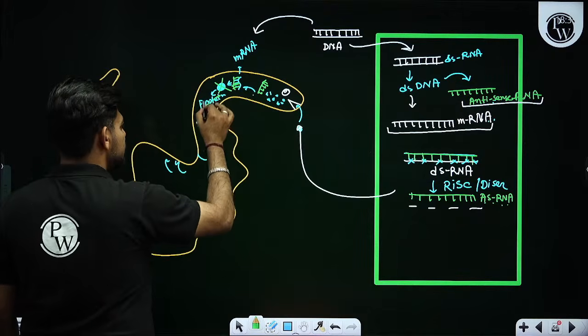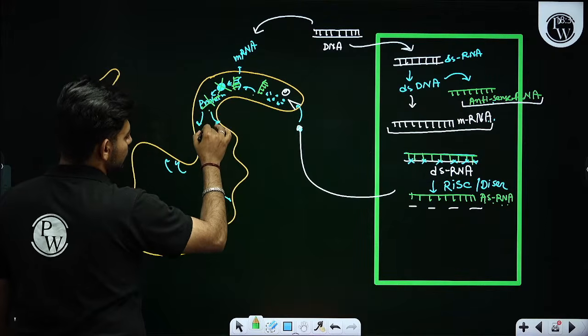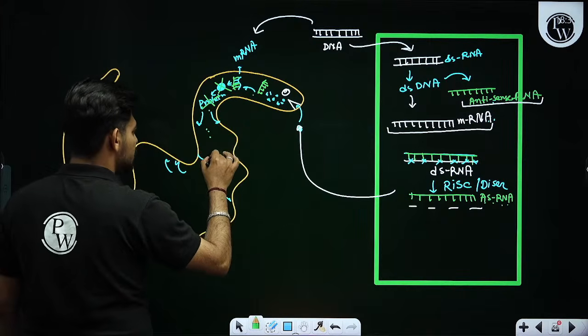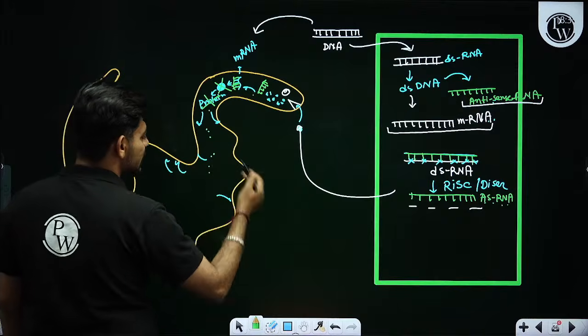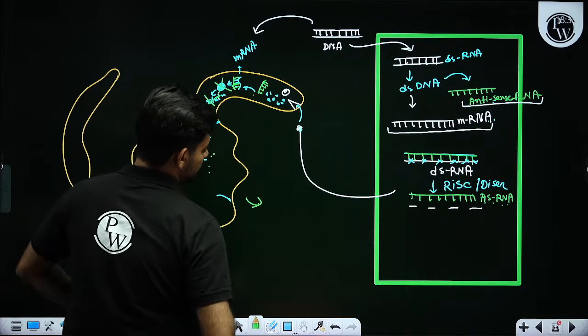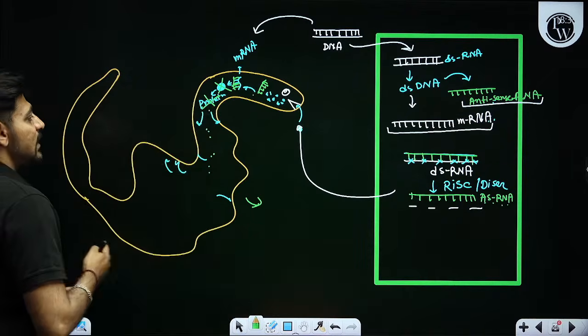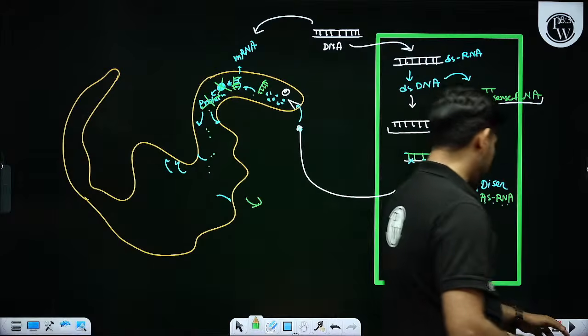If protein is not formed, it will not get nutrition, and if it's devoid of nutrition, it will die or it will reduce its attack on the tobacco plant.